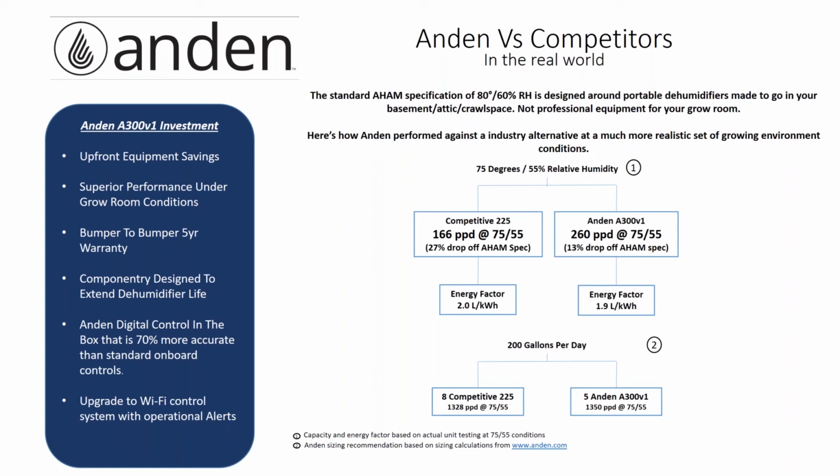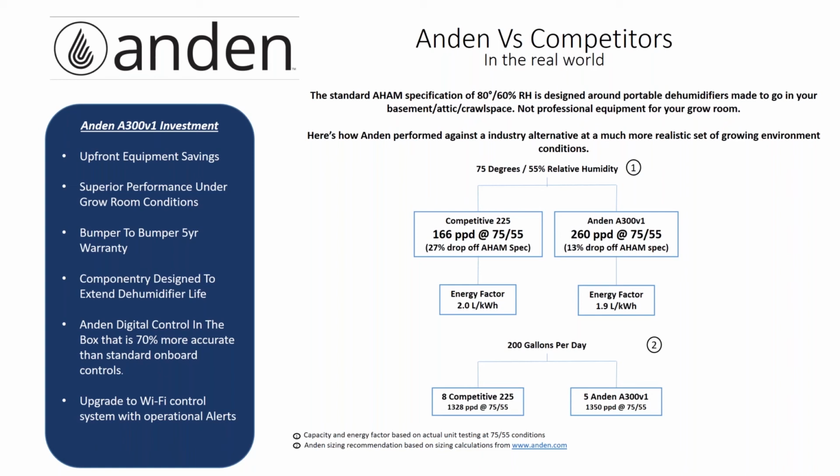So at 75, 55, the dehumidifiers that we make have about 13% drop off of their listed capacity, meaning we say they do 300 pints a day at 80-60 because of those components and the way our dehumidifier works. At a grow room, they still do 260 pints per day. How does that stack up against competition?